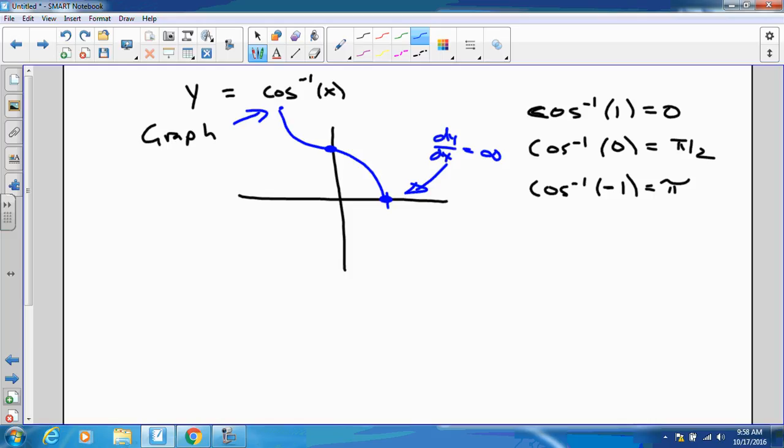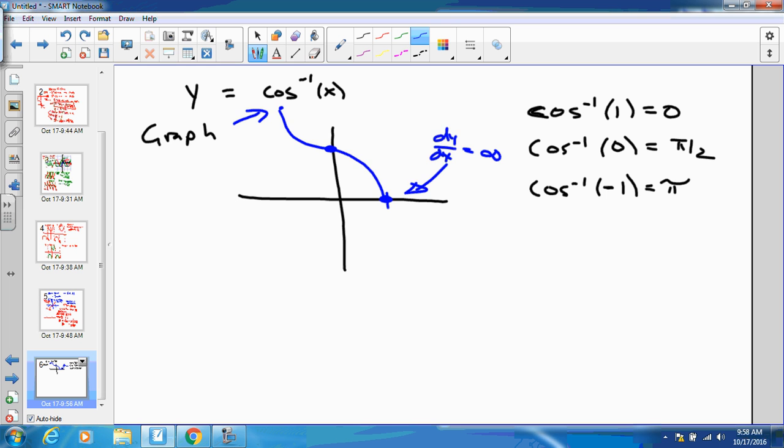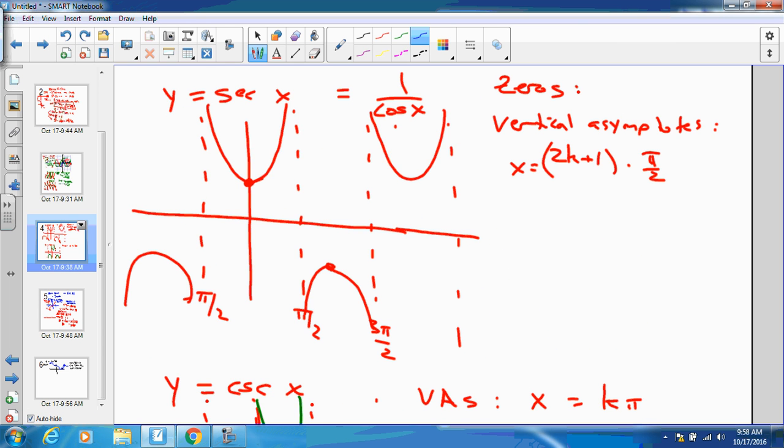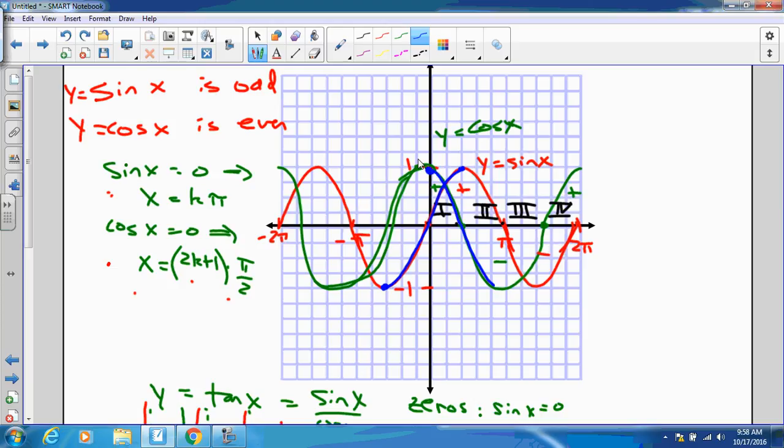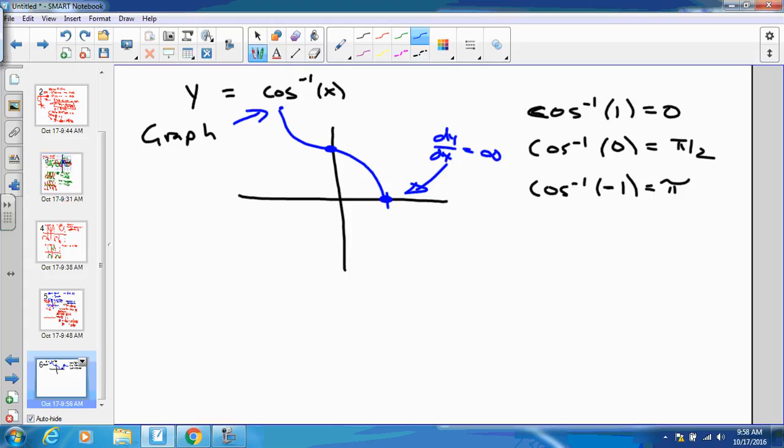Does that graph make sense to everybody? Good. How do you know about the direction of concavity? First of all, does it make sense that we have an always decreasing graph right here? Because essentially what I did was to find a piece of the graph of cosine where the derivative had all the same sign. And then the next question is the question of concavity, and we haven't really addressed concavity.